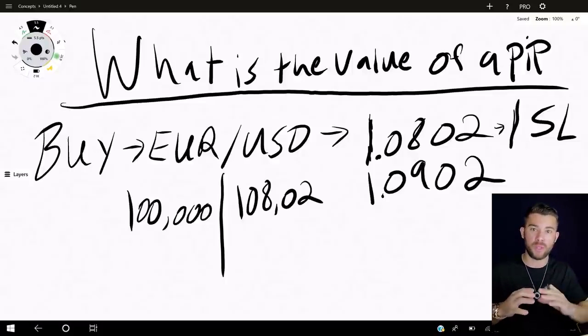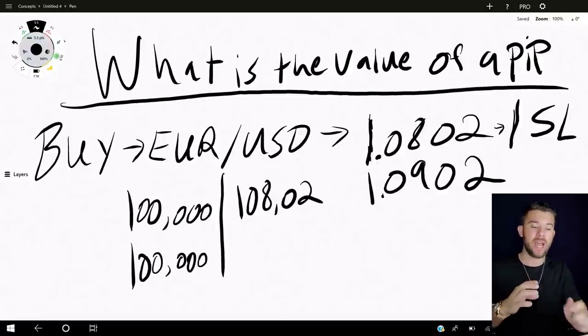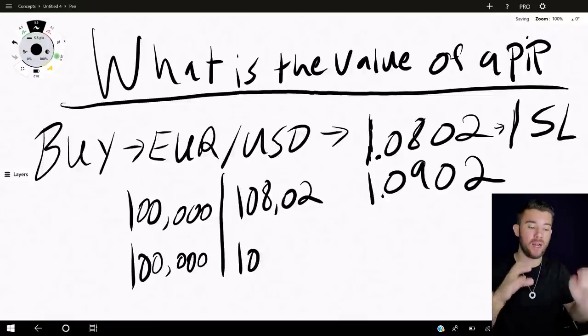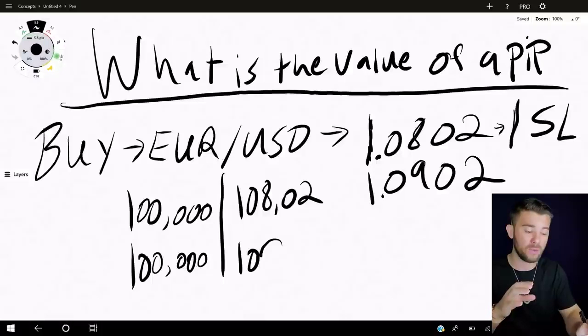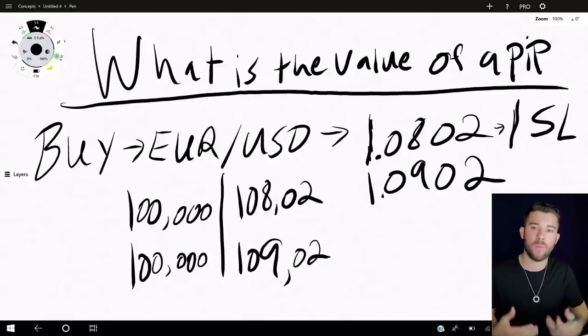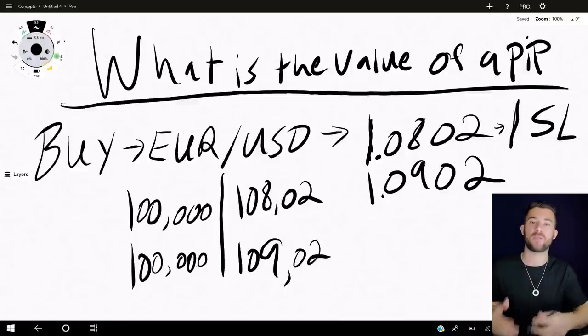In this case, you bought the euros and the market went up from 108.02 to 109.02, meaning that you still have the same 100,000 euros that you are holding, but now instead of them having a value of $108,002, they now have a value because of the difference in the exchange rate. The exchange rate has went up. They now have a value of $109,002, and that's where you're getting that $1,000 if you're trading a standard lot. So that's the way a pip works if you're trading a standard lot.